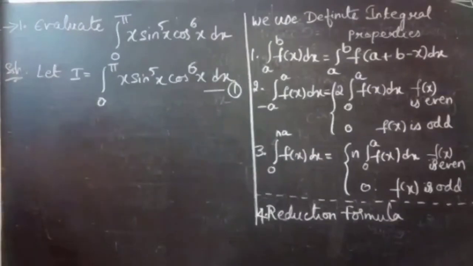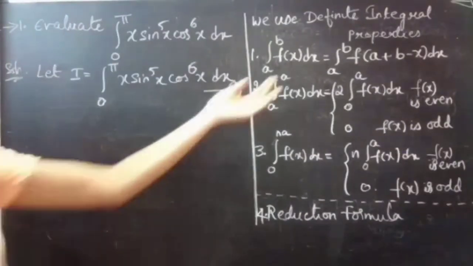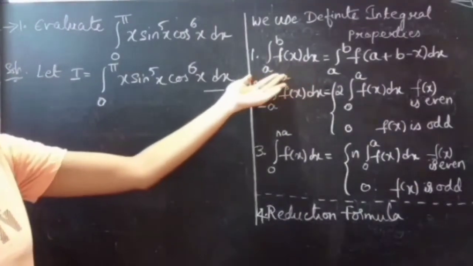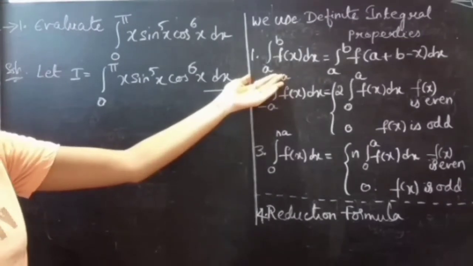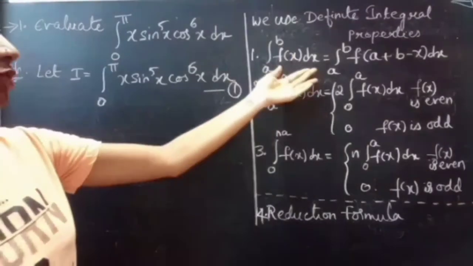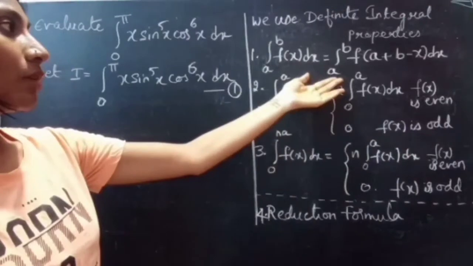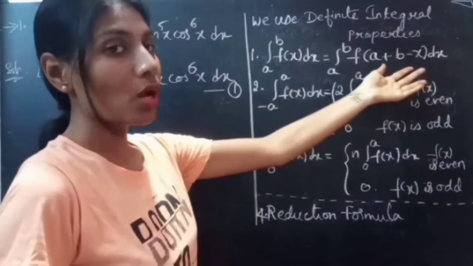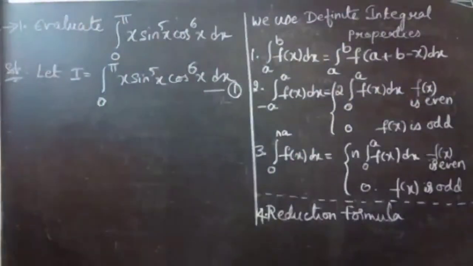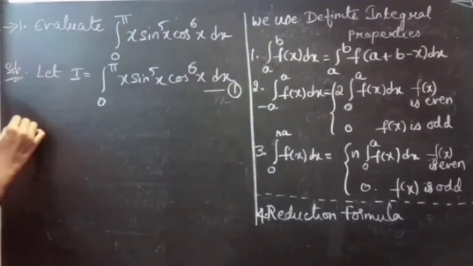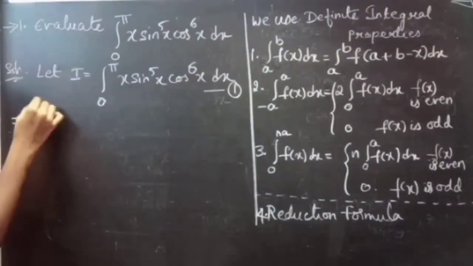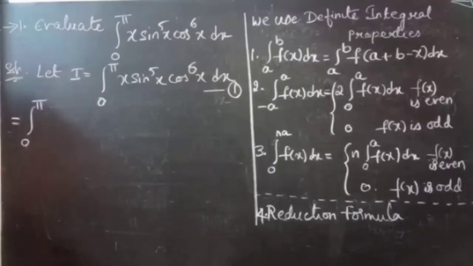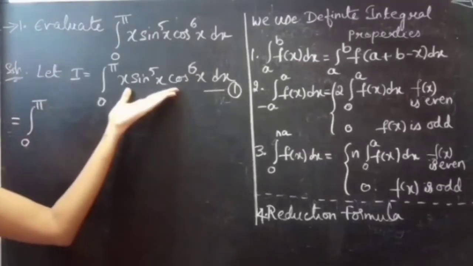Now what we are going to do is we are going to apply the first property. Integral from a to b f of x dx equals integral from a to b f of a plus b minus x into dx. So this equals integral from 0 to pi f of x.